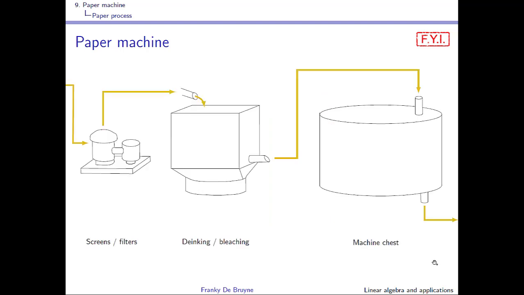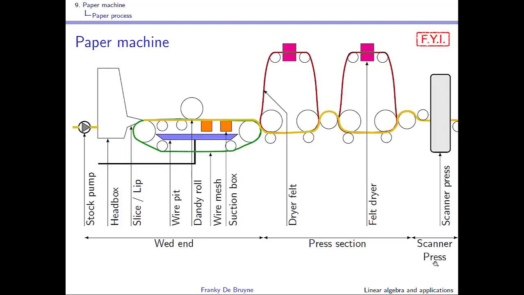So depending on the type of paper that you produce, there might be de-inking and bleaching. De-inking is destroying the colorants from the ink, and bleaching is brightening the pulp. Finally, this pulp is stored in the machine chest.